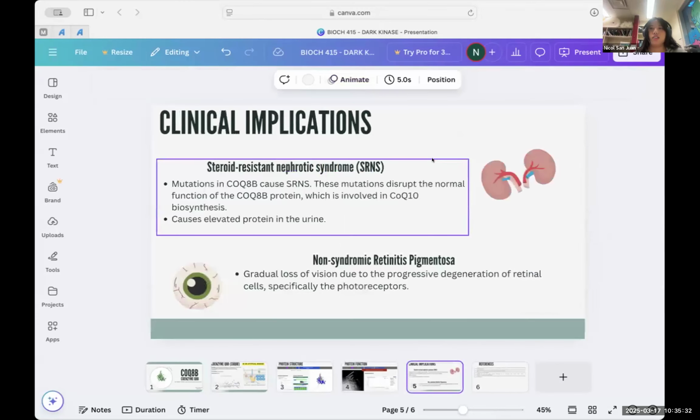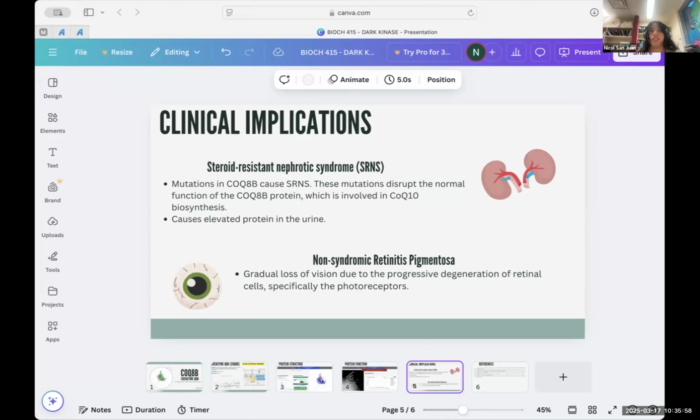In terms of clinical implications, it is documented that there are mutations that cause a kidney disease called steroid-resistant nephrotic syndrome. Because coenzyme Q10 is affected, the kidneys can't filter blood properly, which leads to high levels of protein leaking into the urine.